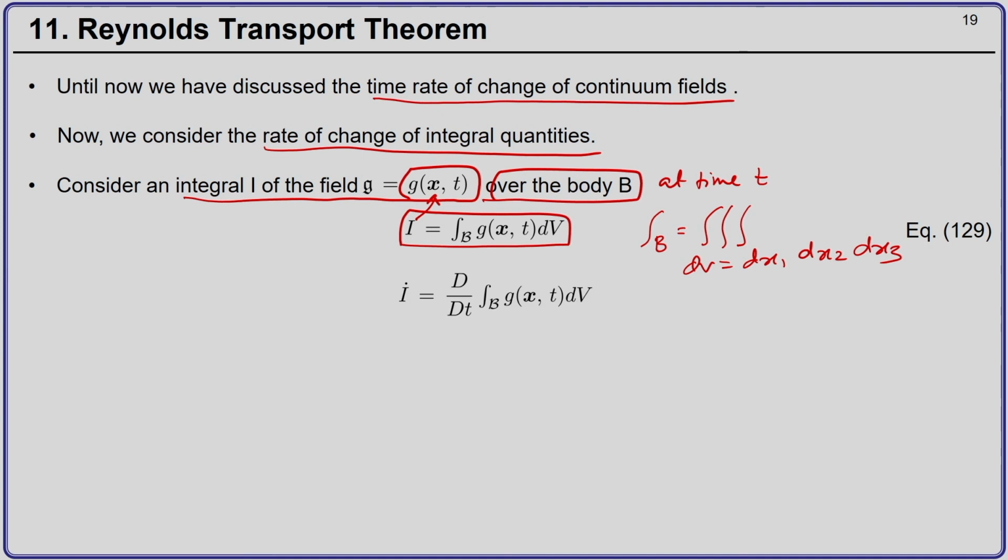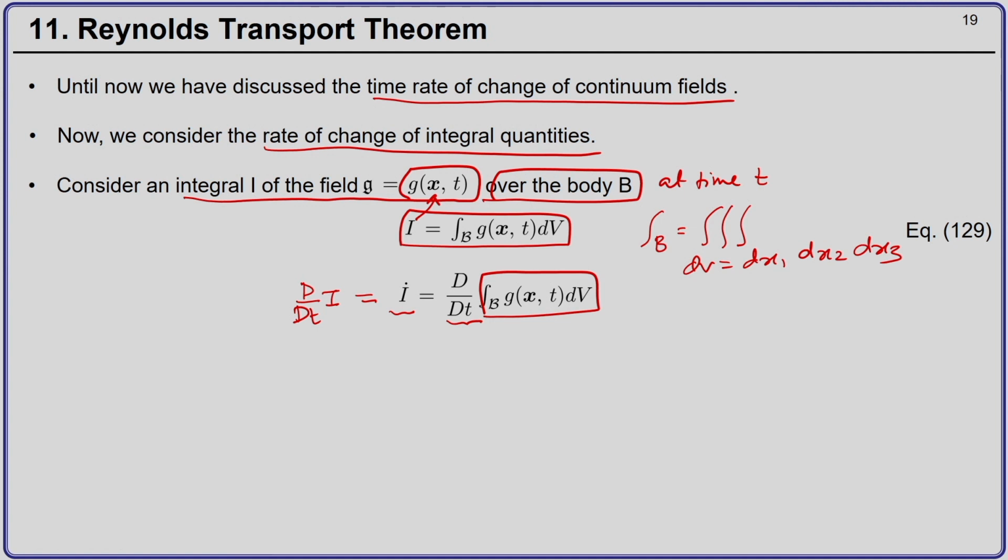Now, if I take the material time derivative on both the sides, okay, if I take d by dt of I, which is nothing but I dot, on the right hand side I will have d by dt of this integral quantity. Okay.